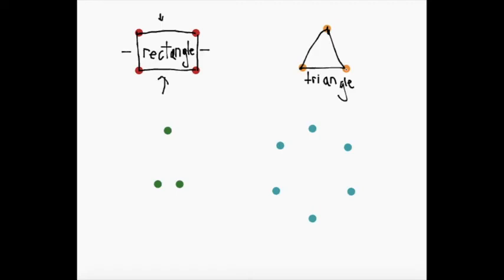So this is a triangle, and I notice that all of the sides are the same length. Now let's come down here to the green dots. I'm going to give you a minute to make your guess about what shape this is going to be.